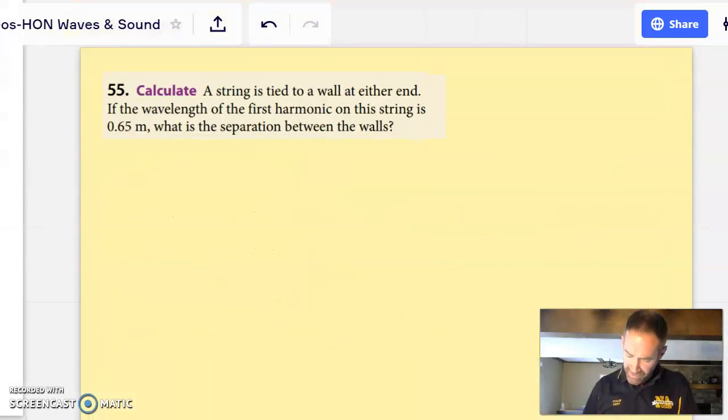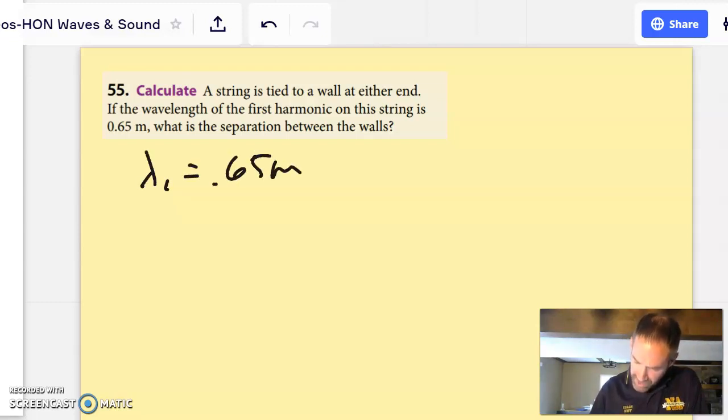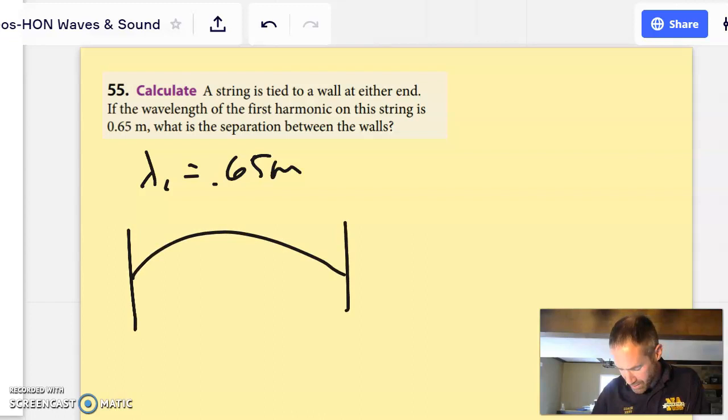On 55, they have a string attached to either end of the wall, and they give you the fundamental wavelength of the string. And so I say wavelength 1 is 0.65 meters, and they want to know what's the separation between the two walls. Well, I've drawn this a couple times already today, but you can see that the fundamental frequency is going to produce a wave that looks like that.